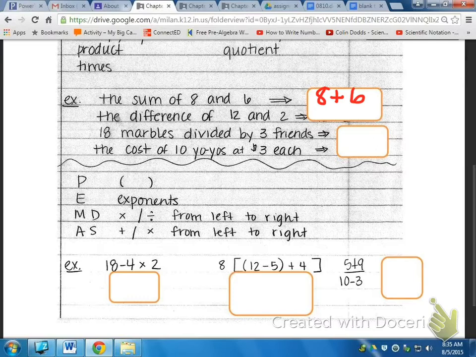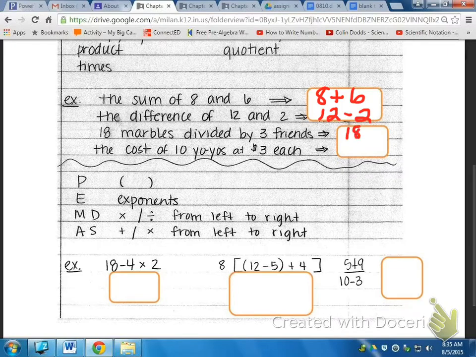The difference of 12 and 2. Tori, right? 12 minus 2. And just leave it at that for right now. Okay? Braxton, 18 marbles divided by 3 friends. 18 divided by 3?